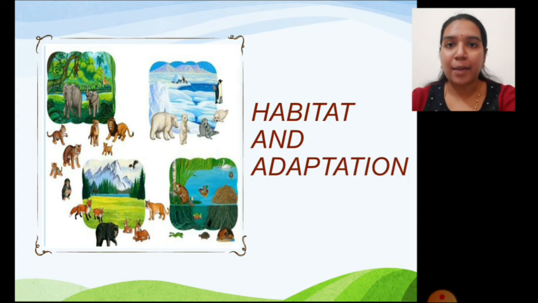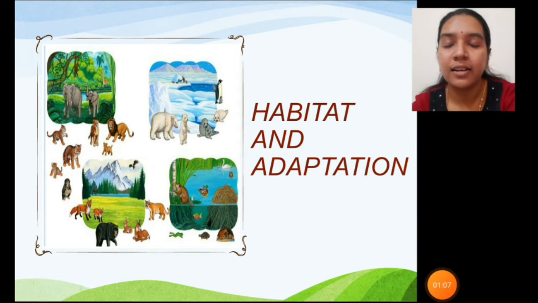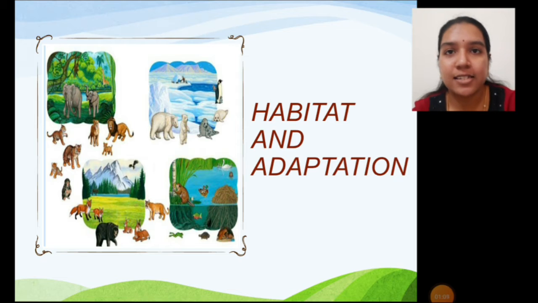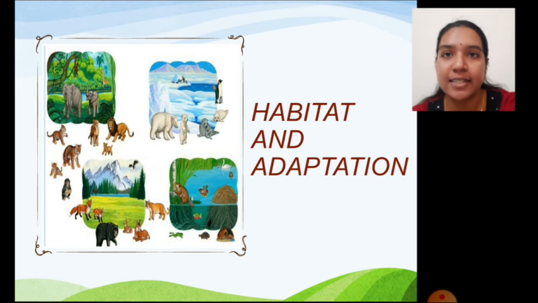Habitat and adaptation. In the previous classes, we clearly learned the meaning and definition of these words. Habitat means home. It is a place where an organism lives and grows. Adaptation is developing features of an organism to survive in its habitat.